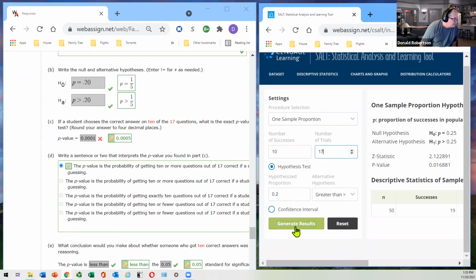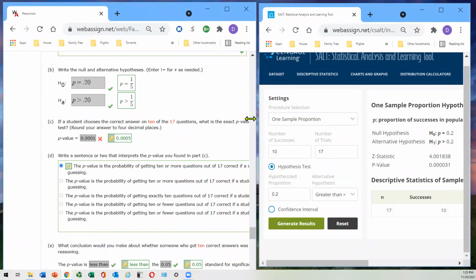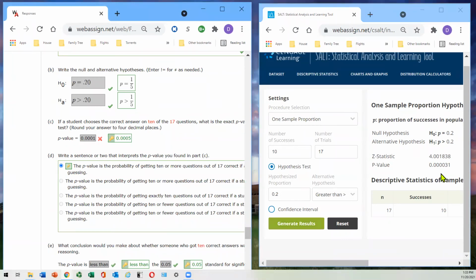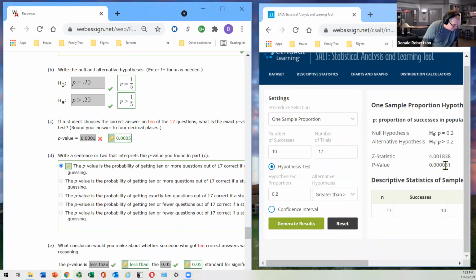And when we generated the results, we get a 0. Let's check my answers are correct. I think I changed my answer the second time. The one that you do want is going to be 0.1, 2, 3 zeros and a 5. So you want to type that one in for question 13.